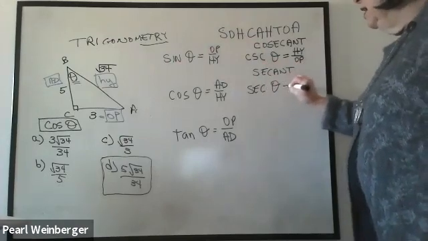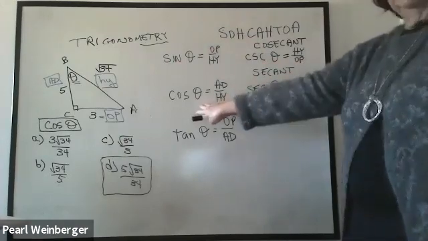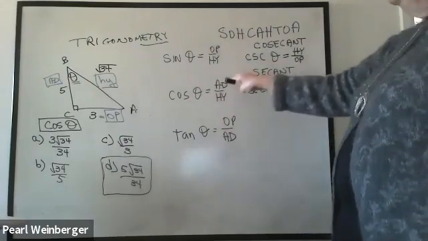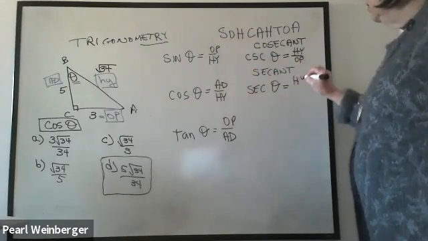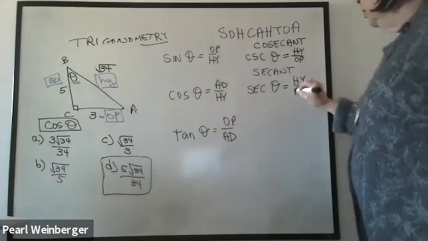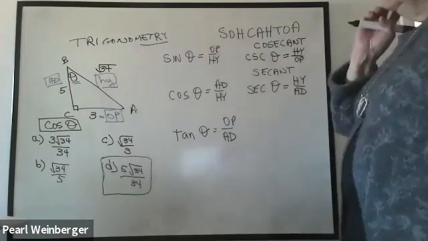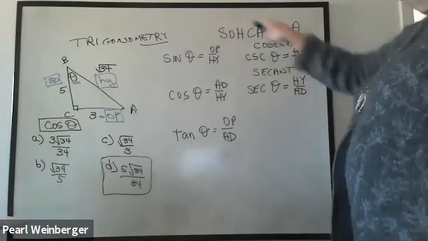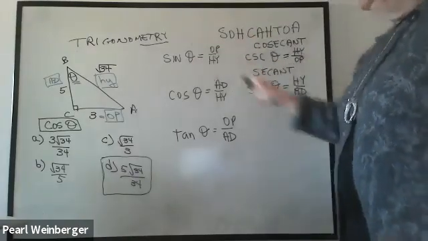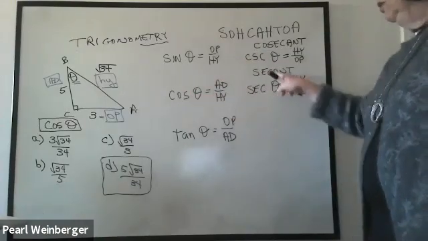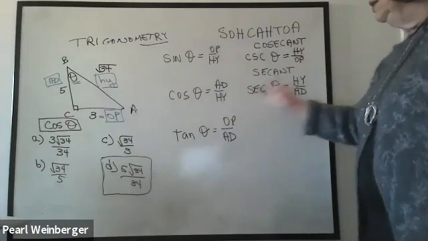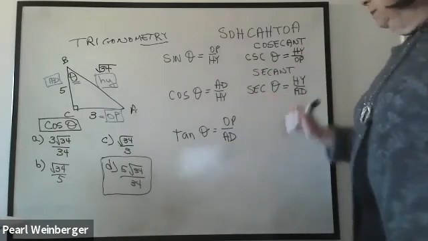And the secant is the reciprocal of the cosine. In other words, if the cosine is the adjacent over the hypotenuse, the secant is the hypotenuse over the adjacent. Just like the cosecant is the reciprocal of the sine, the secant is the reciprocal of the cosine. Again, we just use the first three letters because it hasn't been used before.